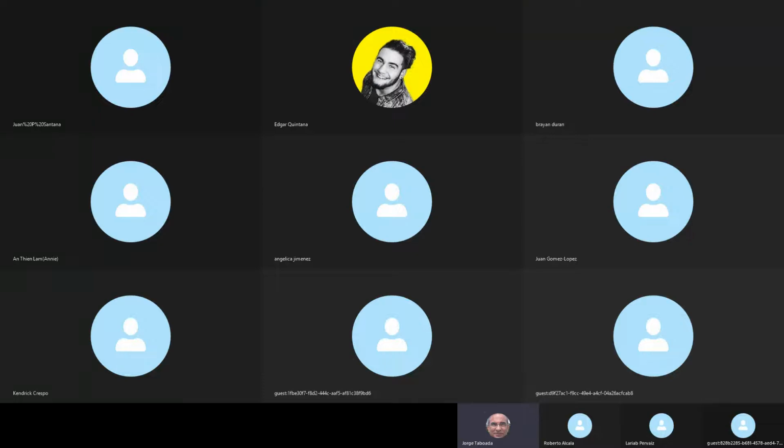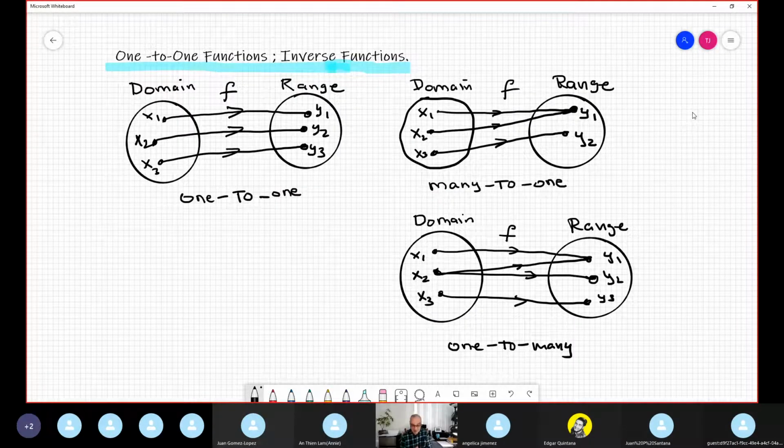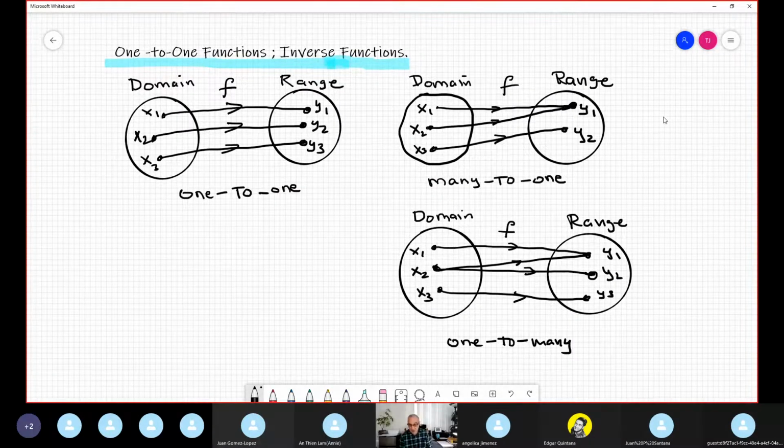Okay, so this is the last chapter in College Algebra. In this chapter, we are going to study two new functions. These are transcendental functions.